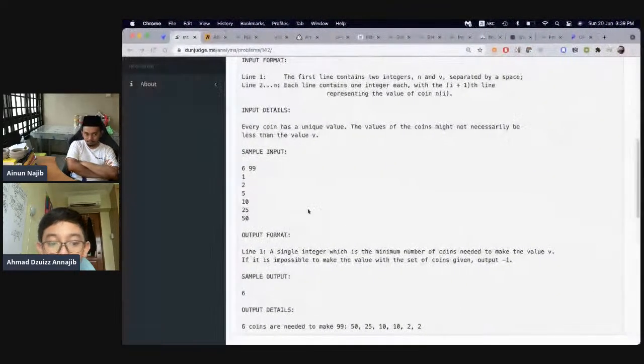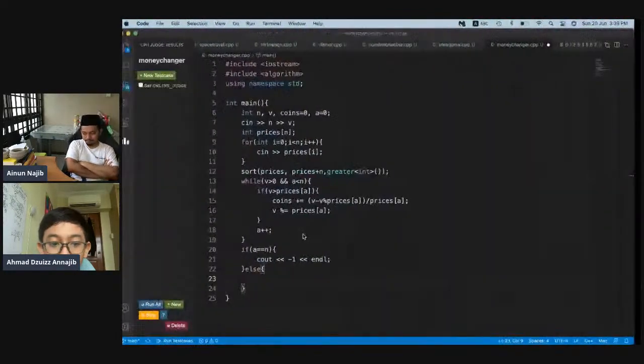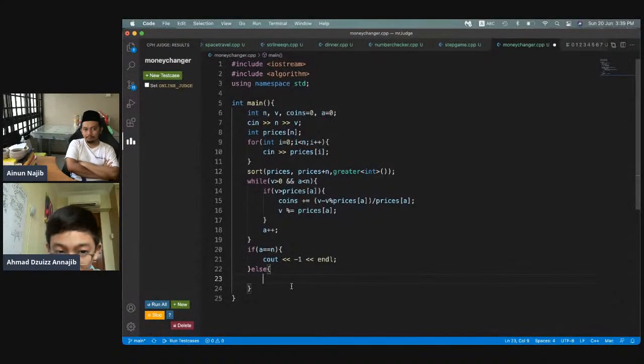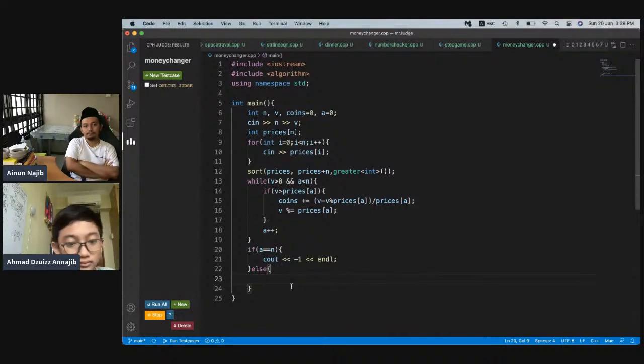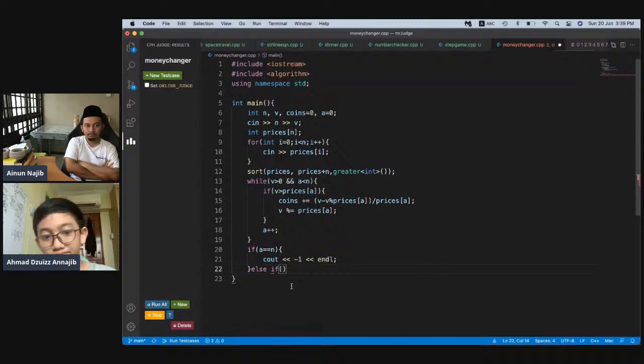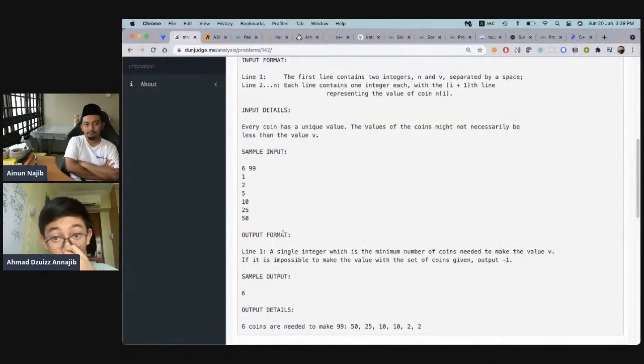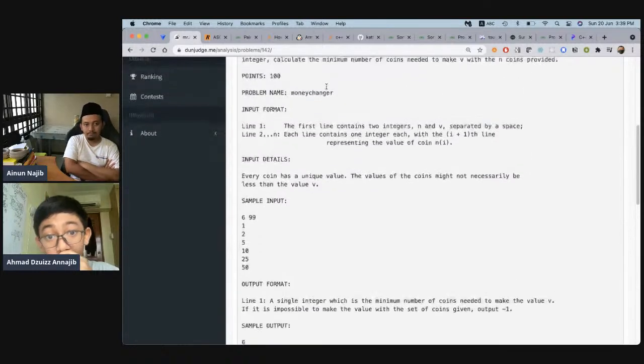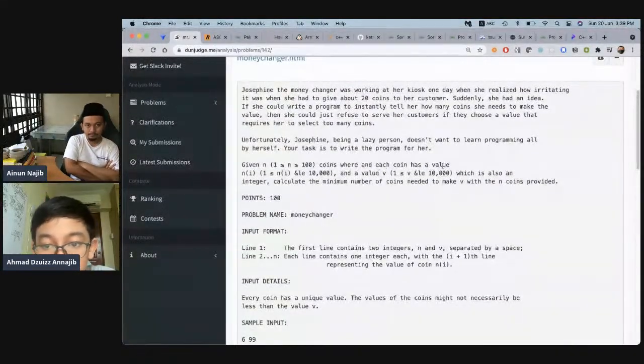Okay, then how when we play, else, if coins greater than how many, what's the maximum?